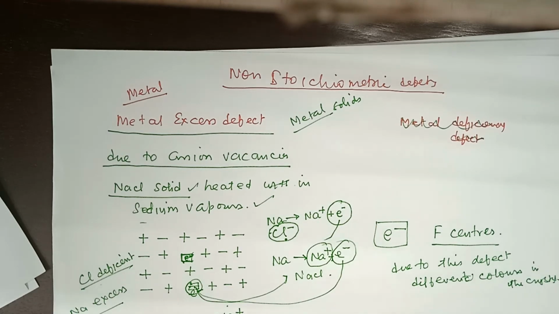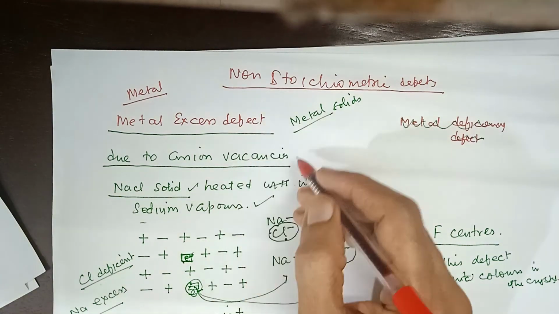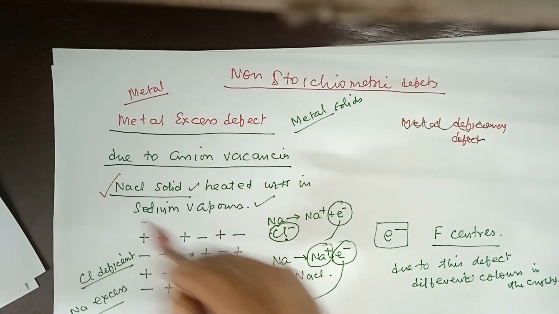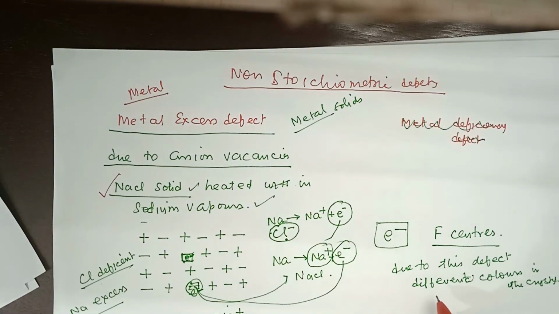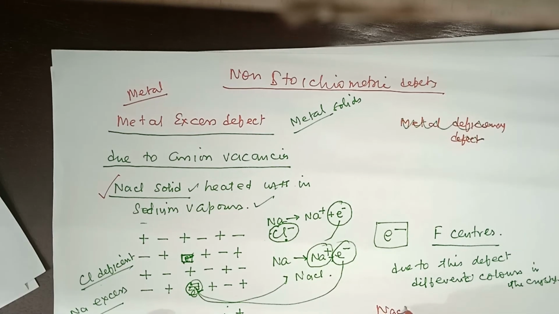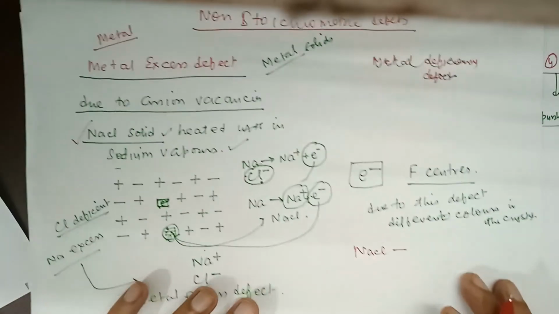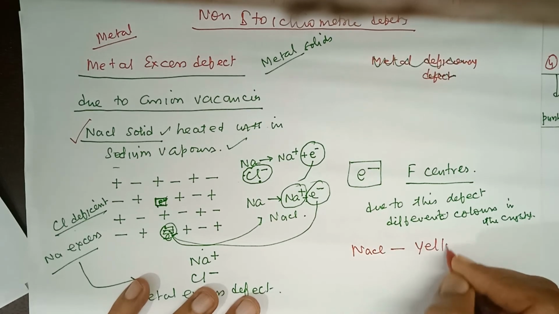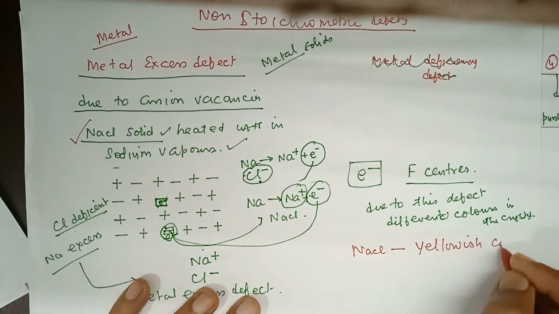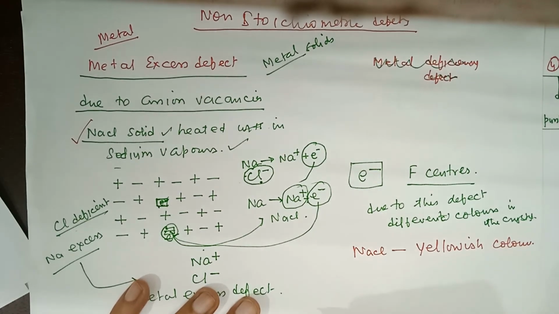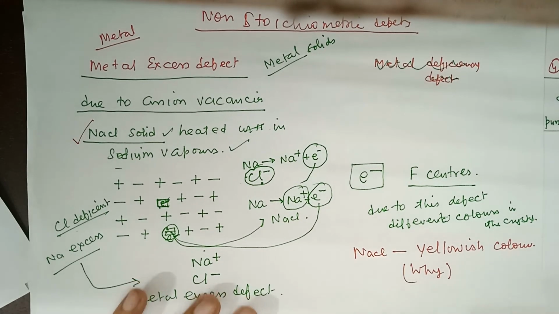Like with this metal excess defect in NaCl, sodium chloride attains a yellowish color. Why? This is very important.